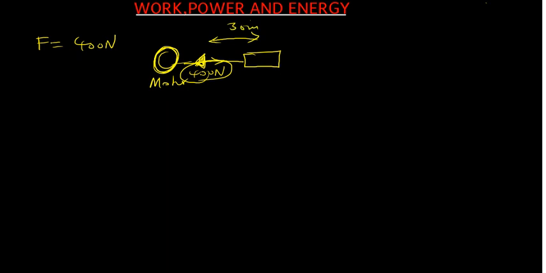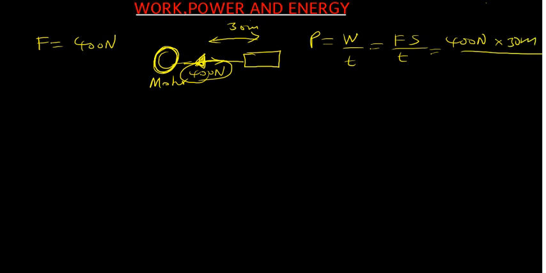Now I want to find the power supplied by the motor. You know that power is given by work divided by time, and work is given by force times displacement. The force is 400 newtons. The displacement is 30 meters.